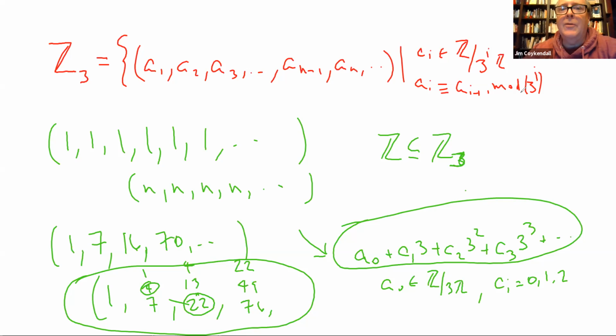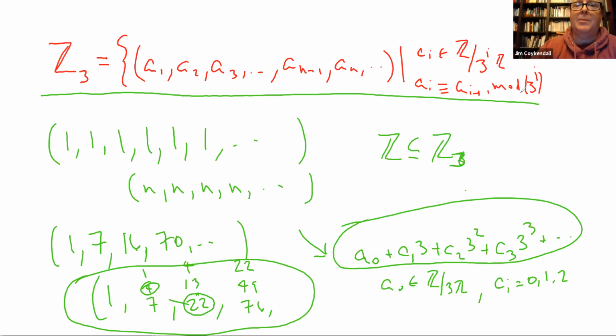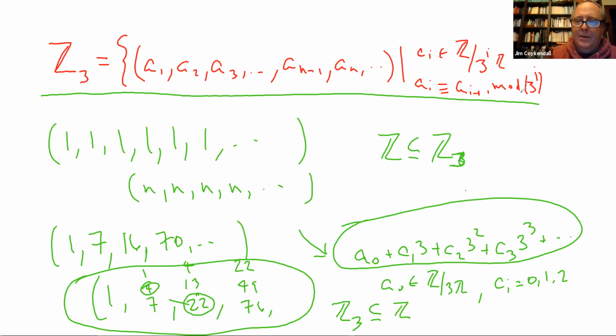Here's something that's rather surprising. Notice that Z3 is a subring of the direct product, so in fact, Z3 is contained in Z mod 3Z cross Z mod 9Z cross Z mod 27Z cross forever, right?